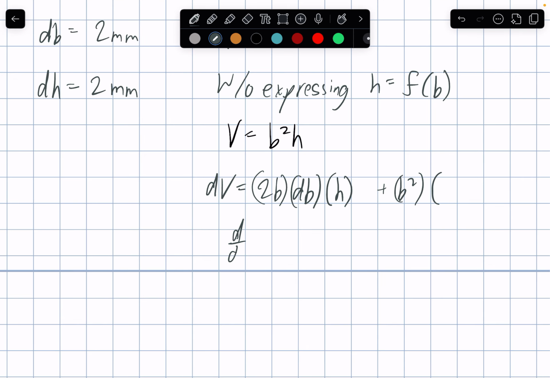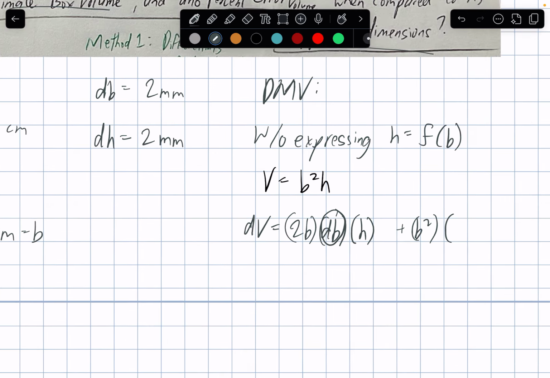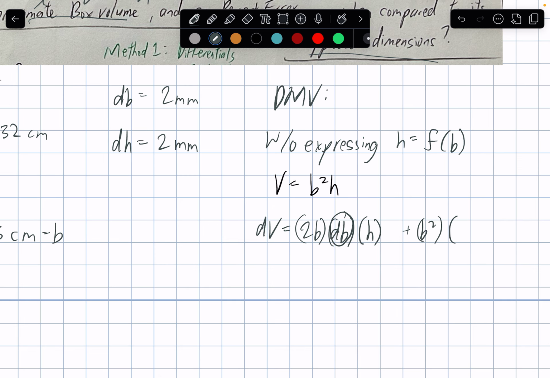So d over dx of b squared is equal to 2b raised to 1 times du over dx. This du over dx we can just rewrite simply as db. And I tell you, once you kind of get the hang of how we usually solve total differentials, you will understand that this one is the du over dx in what I just wrote.